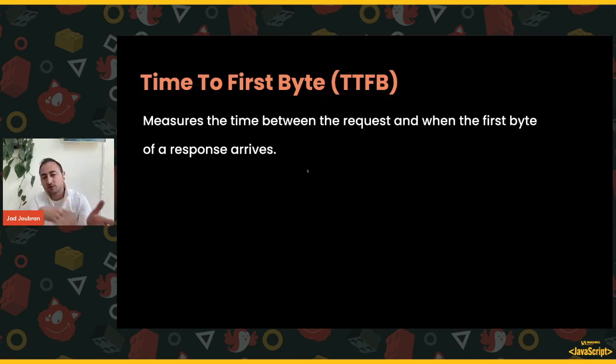From that moment, assuming the browser didn't do any magic to already preload it, the moment you hit enter, we start recording until the first byte of the response arrives. This actually doesn't mean you see anything on the page, but this time is what we call the time to first byte.